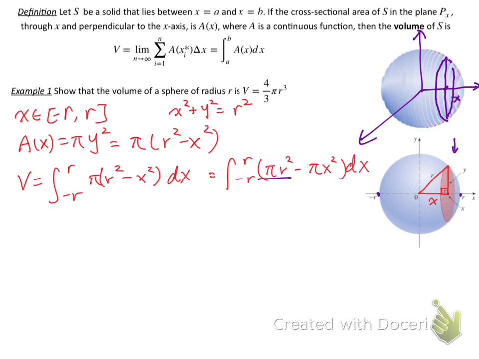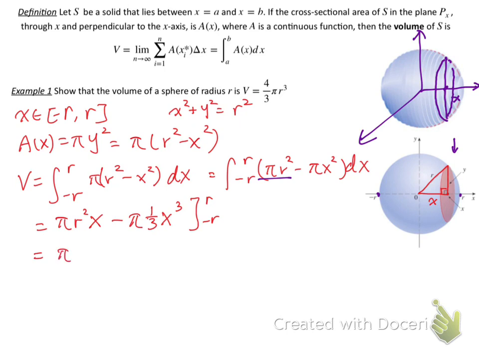Pi r squared has no x, so it is a constant. The antiderivative is pi r squared x, minus pi, which is a constant coefficient, and then x squared: raise the power by 1 and divide. So the antiderivative is pi r squared x minus a third pi x cubed.